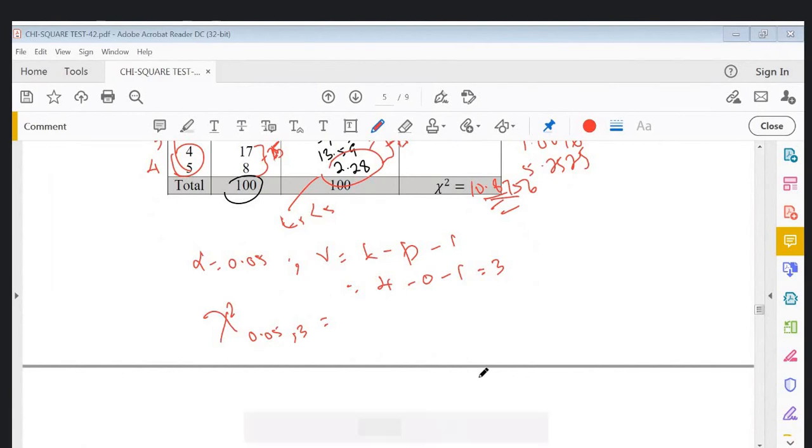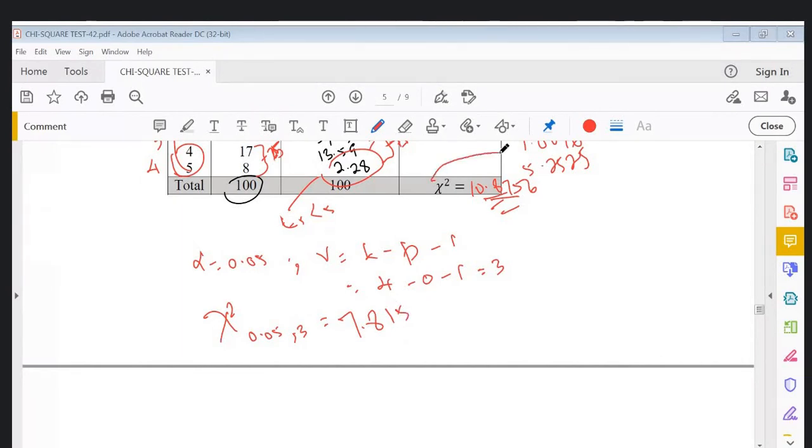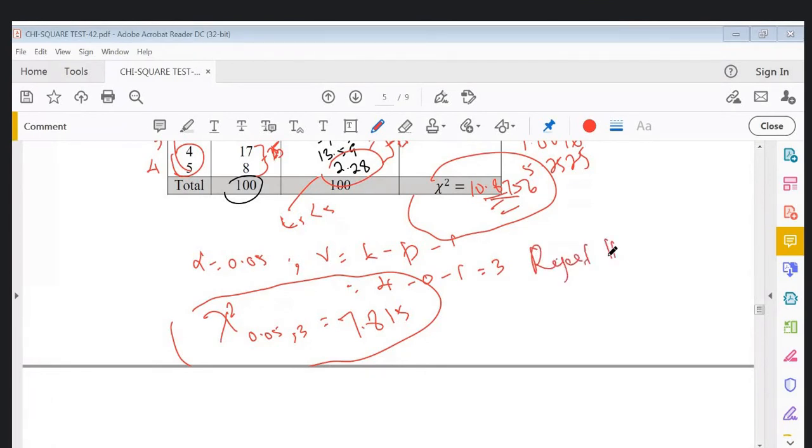Okay, 7.8. Accept or reject? We calculate from the data 10, which is more than 7.8. Okay, reject H0.